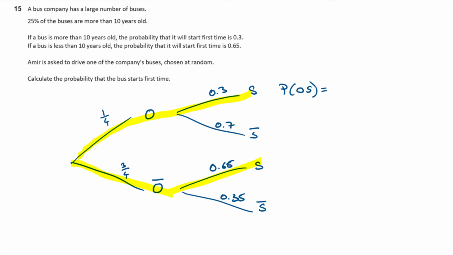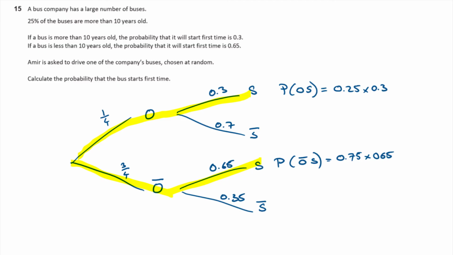Kind of mixed my units a bit here, haven't I? I suppose I should have written that as 0.25. 0.25 times 0.3. And then the probability of not old and starts is equal to 0.75 times 0.65. Okay, just going to work out what those two are.